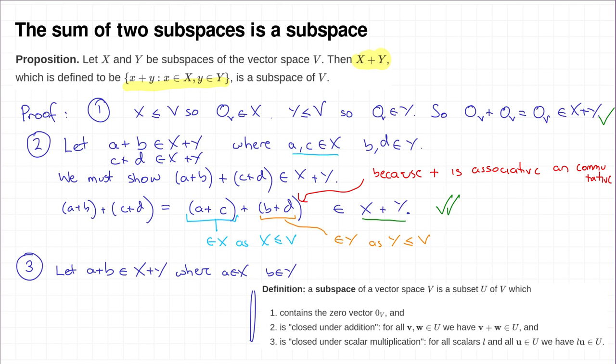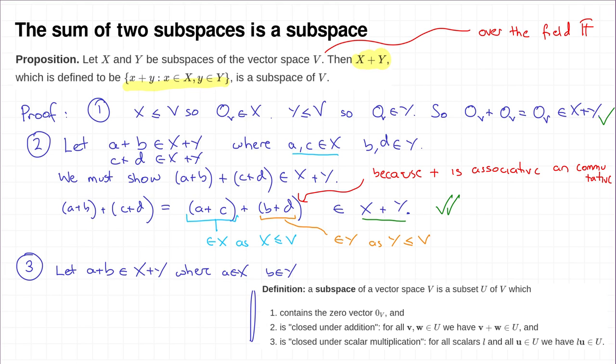And we need a name for the field over which V is a vector space. So let's say this vector space V was a vector space over the field F. That means the scalars you're allowed to multiply by come from the field F. Maybe F is the complex numbers, the real numbers, maybe it's the finite field with 5 elements, whatever.